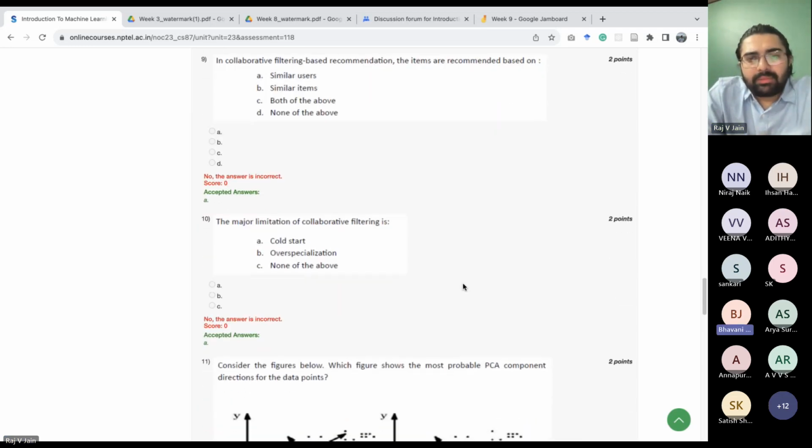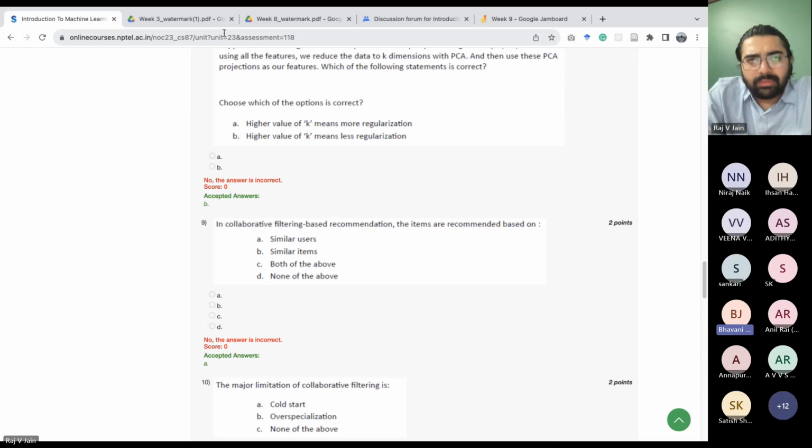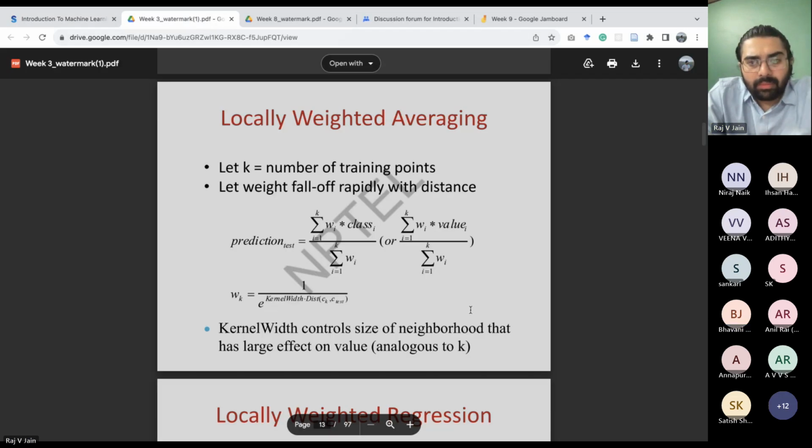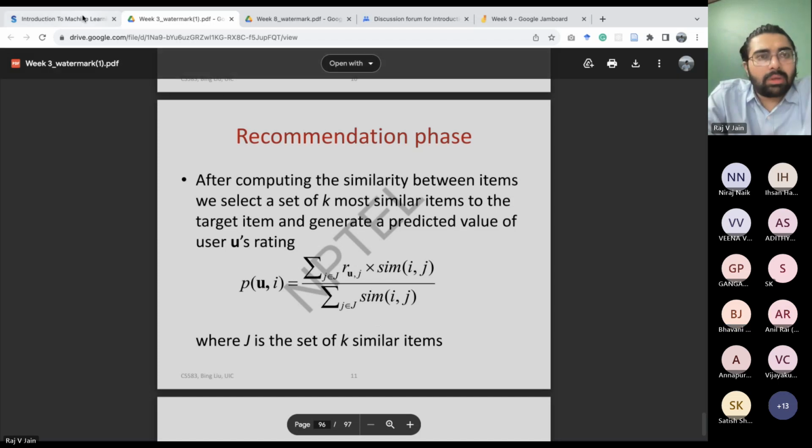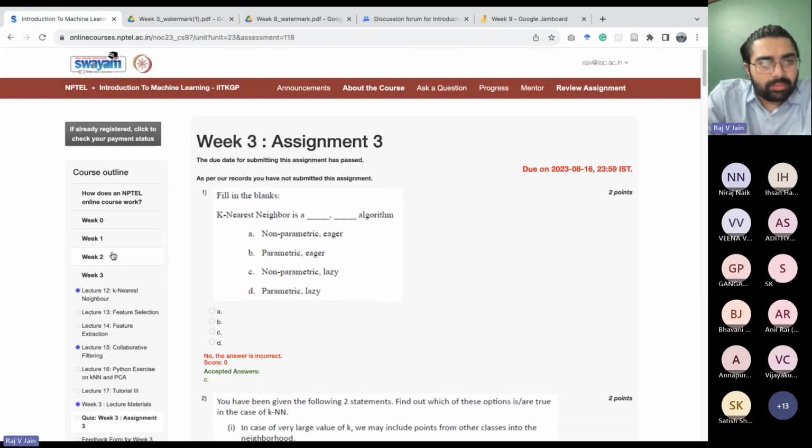Okay, sir, in that same lecture notes, if we go to the last page, sir. Oh, no, sorry, it is not lecture 3, it is lecture 2.